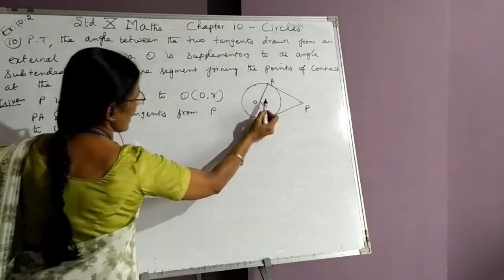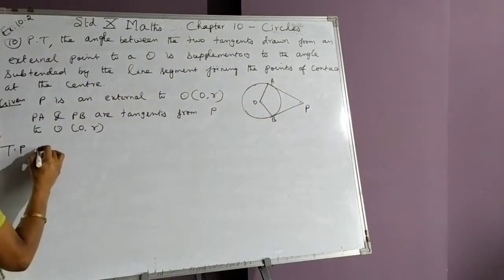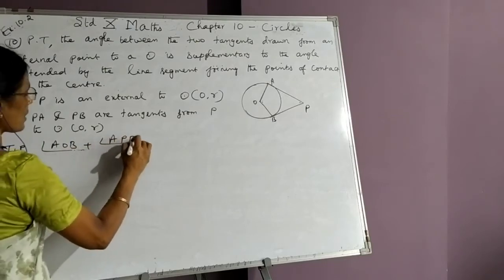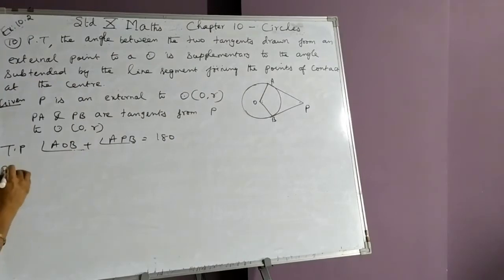We have to prove the angle at the center and the angle at P is 180 degree. So to prove angle AOB plus angle APB, supplementary we have to prove. Therefore we have to prove 180.